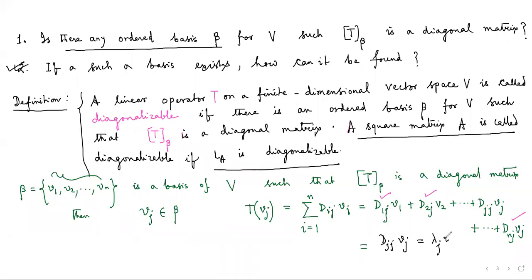We define djj by lambda j, and this is just a notation. It is happening because we have assumed that beta is a basis for which D beta is a diagonal matrix. Then this transformation will happen.